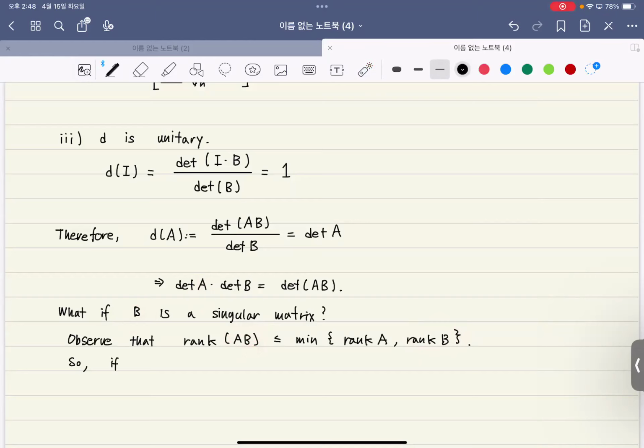So the rank of AB is less than n. Since we are assuming B is singular, the matrix AB also must not be a full rank matrix. Therefore, AB is a singular matrix.